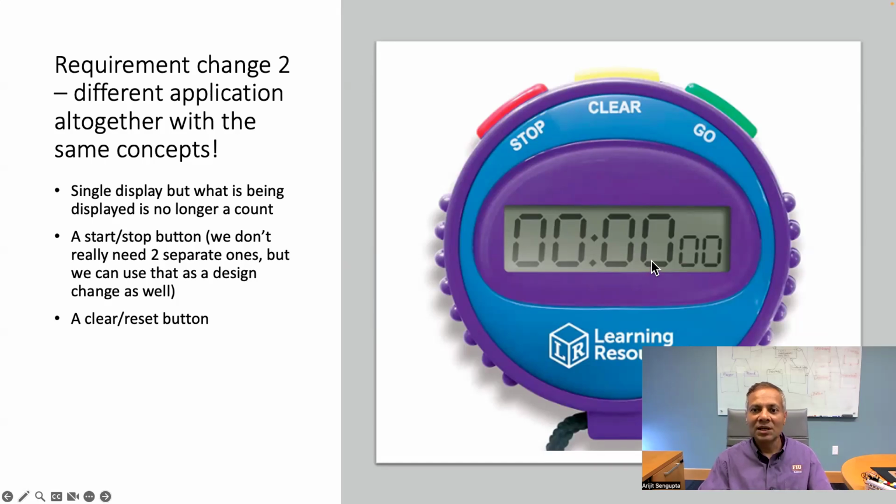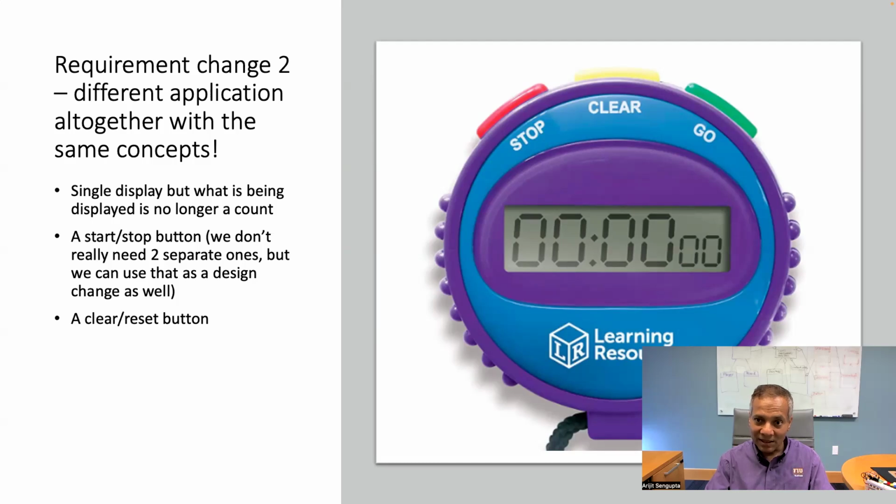requirements keep changing. But what is great with object-oriented design is that we can reuse a lot of the code that we wrote before, and we don't have to touch it, right? The button class, the display class, probably even the count class. All we have to do is add maybe a decrement method, and we can implement those multiple floor things very easily, right?